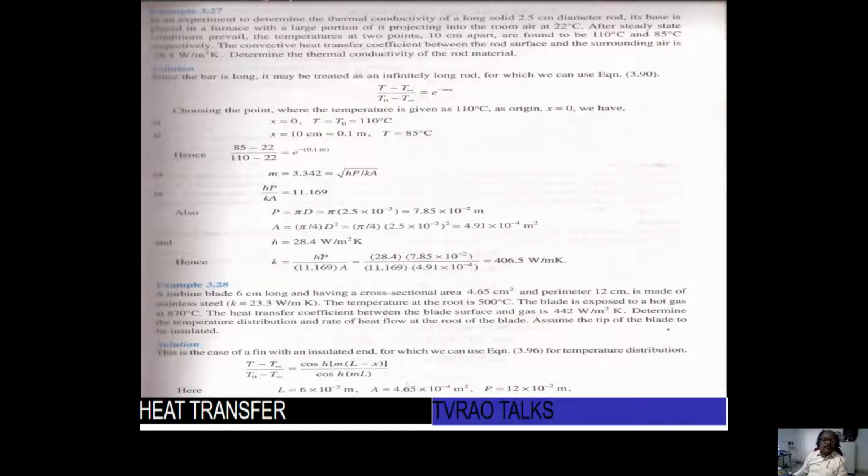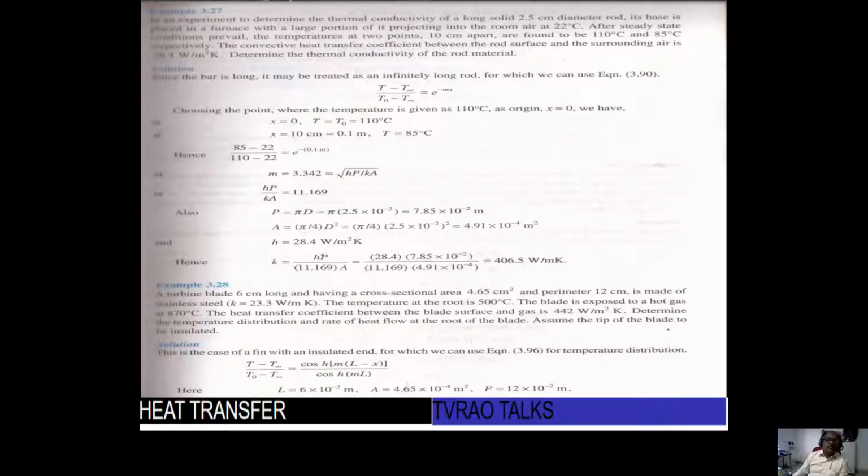So on the fin between 2 points, he has given temperatures T1 and T2. Okay. So the convective heat transfer coefficient between the rod surface and the surroundings, H value, is given as 28.4 watt per meter square. Determine the thermal conductivity of the rod material.